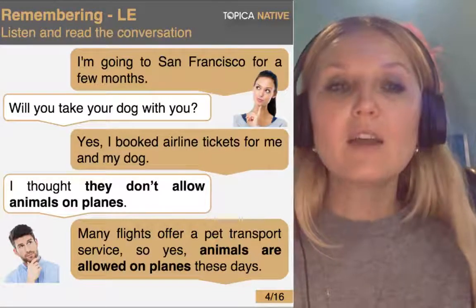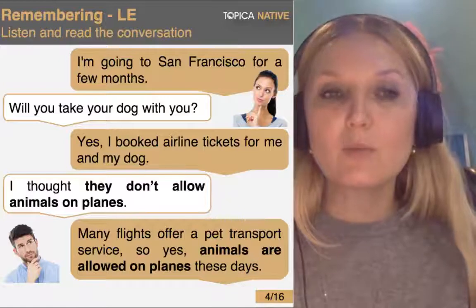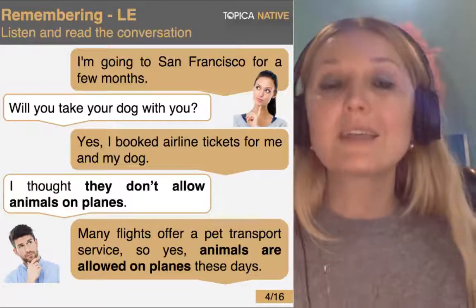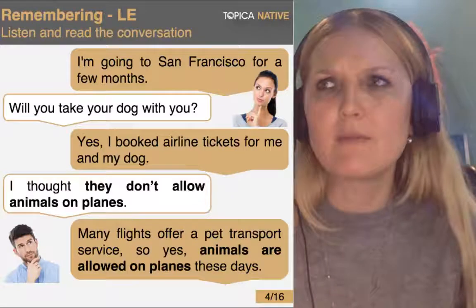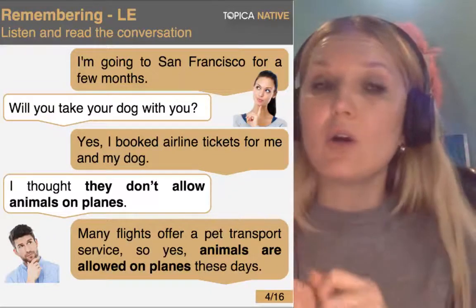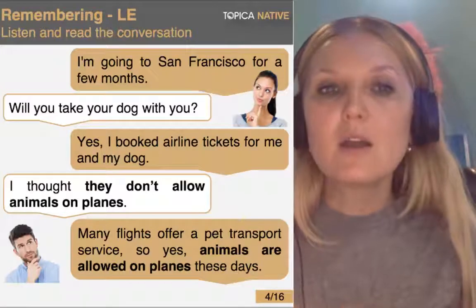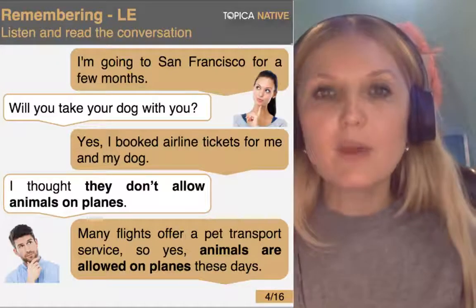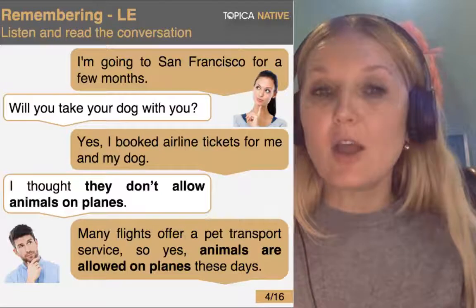So they don't allow animals on planes, right? It's active form. Who is they? The airlines. Here is present simple: they don't allow animals on planes. And another sentence, animals are allowed on planes. So here, animals become a subject.